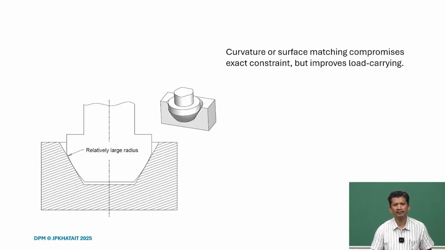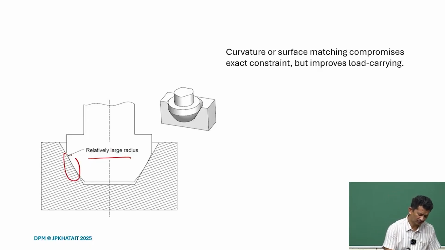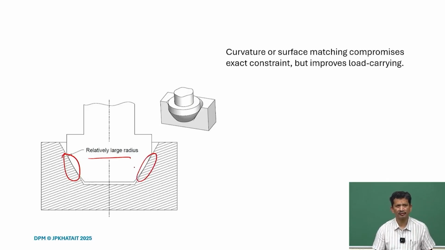So, sometimes we may like to deviate from there, and therefore we may go for a relatively larger radius, so that at the contact we can have a fairly larger area of contact, which improves the load carrying capacity and even the stiffness.